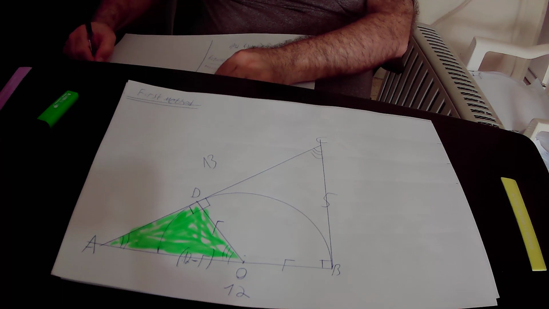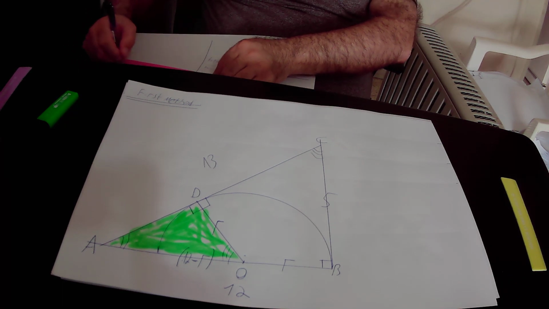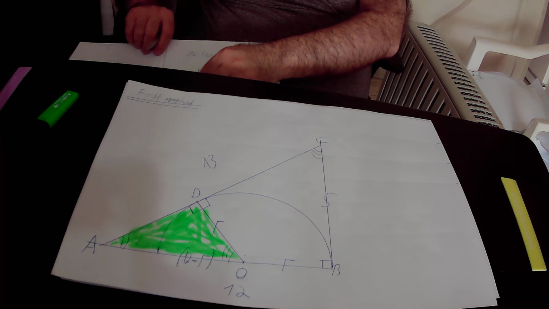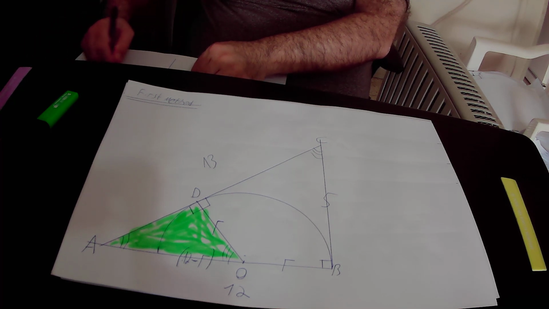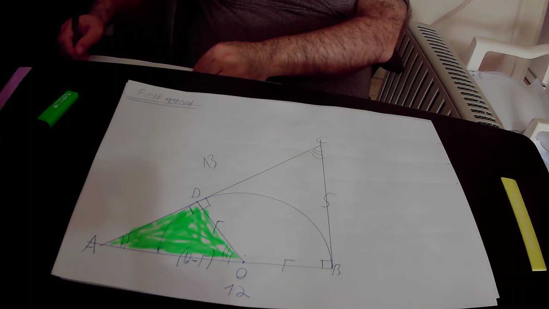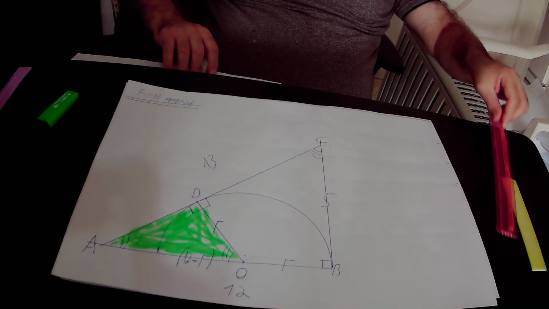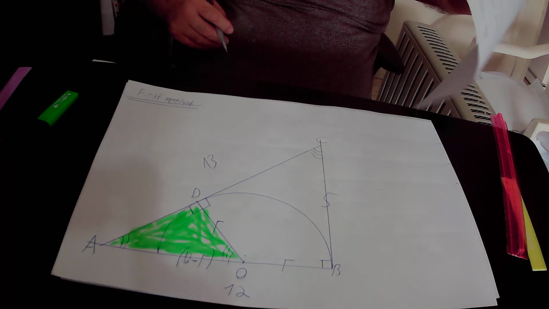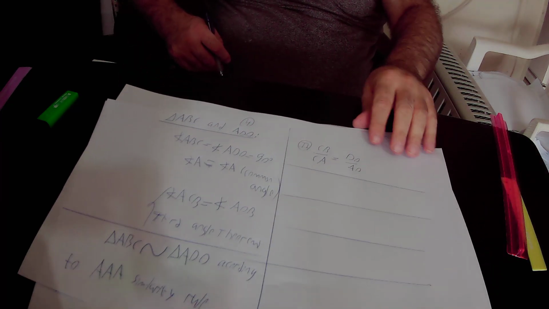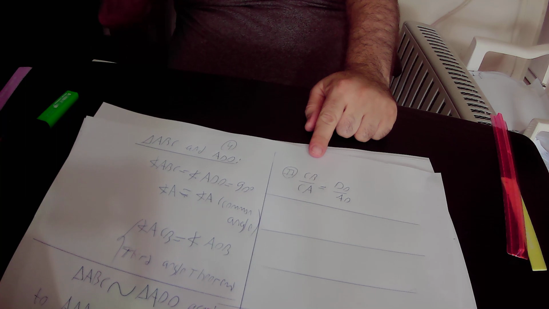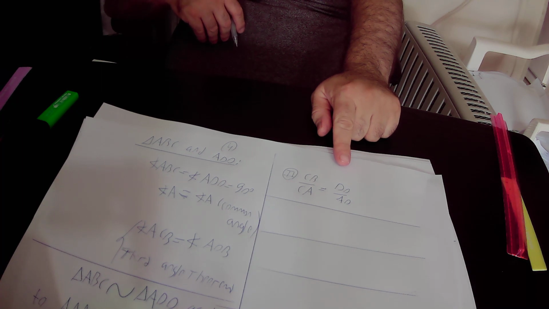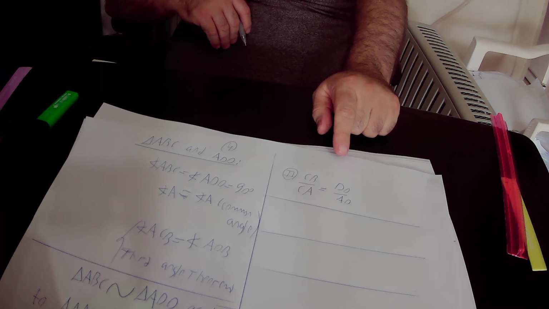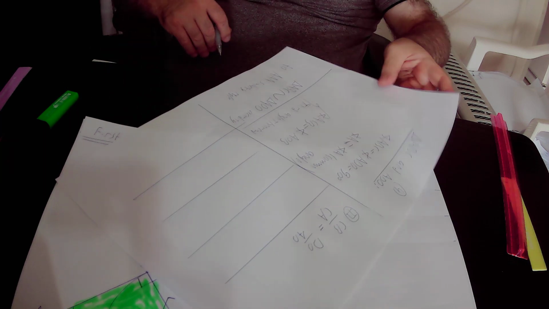So I will repeat again. We can conclude from the fact that the two triangles are similar to each other, that CB over CA in the big right triangle, triangle ABC, is equal to DO over AO in the green triangle. Okay?